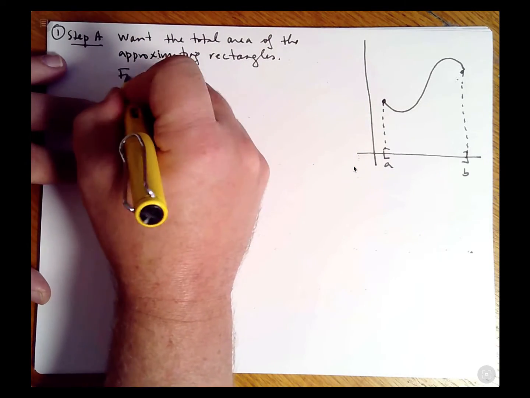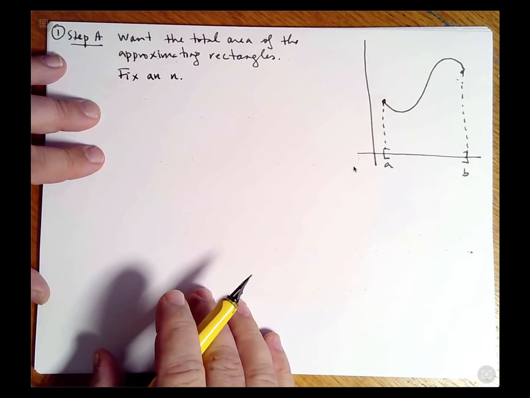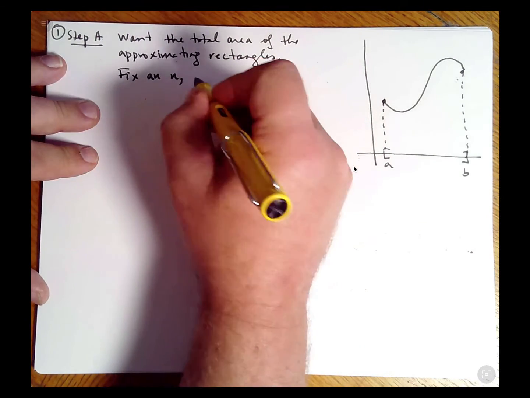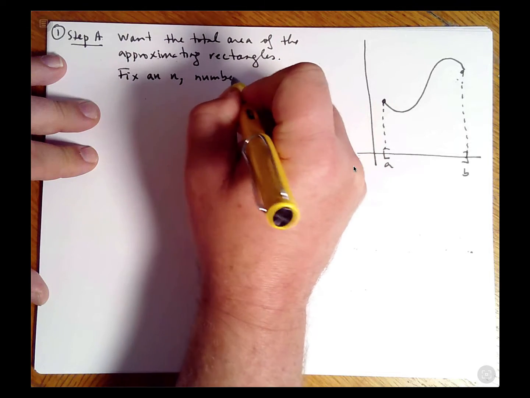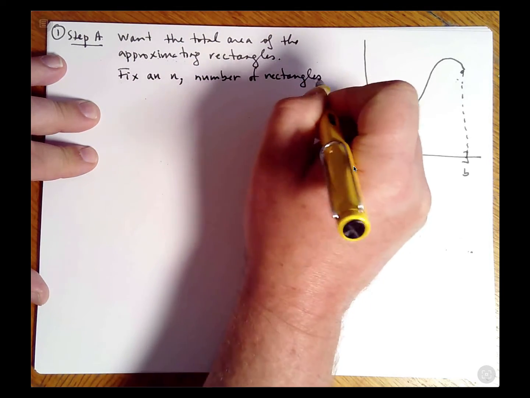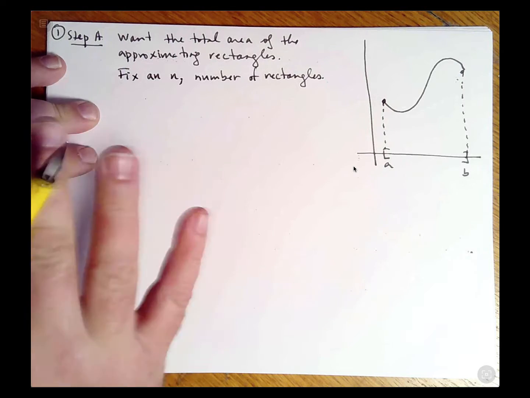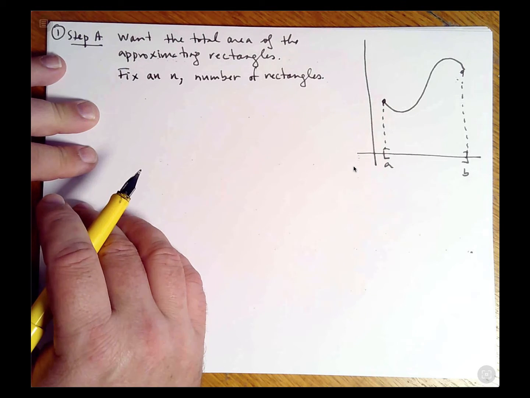So we're going to fix a value for n, and n is the number of rectangles. I've worked a couple examples where n has a particular number, but here I just want you to think of n in the abstract.